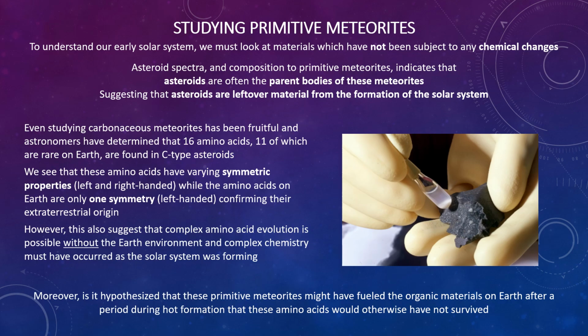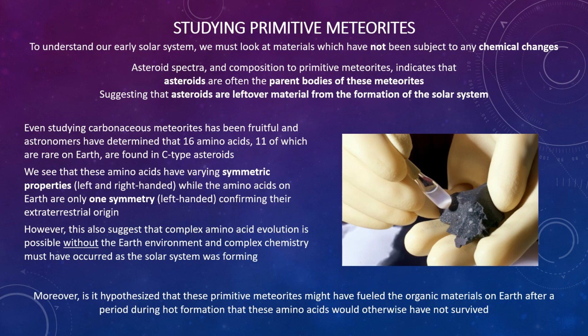And we can see that these amino acids have varying properties in that some are what we refer to as left-handed or right-handed based on the symmetry that they have. And so this is interesting because amino acids on Earth have only one symmetry. They are what we refer to as left-handed.